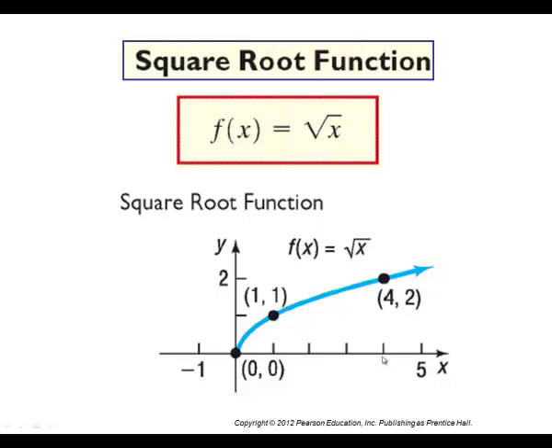Well, square root of 4 is 2. And then the next one, 9, square root of 9 is 3, and so on. Well, if you put a negative 1 in here, it can't do that. That's imaginary. But 0 is okay, right? Square root of 0 is 0. So you're going to have a definitive point at 0, and it's going to go up and to the right.